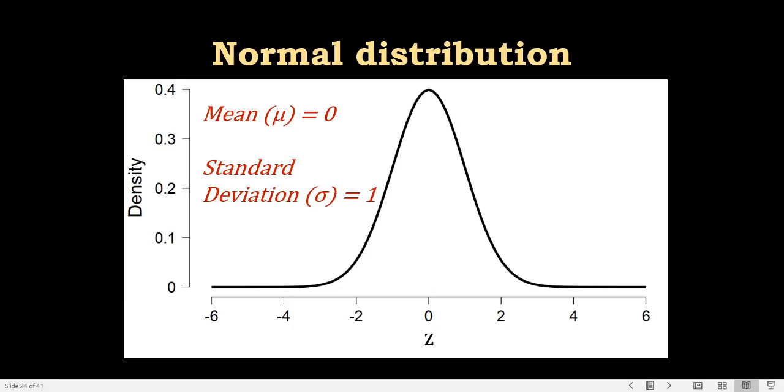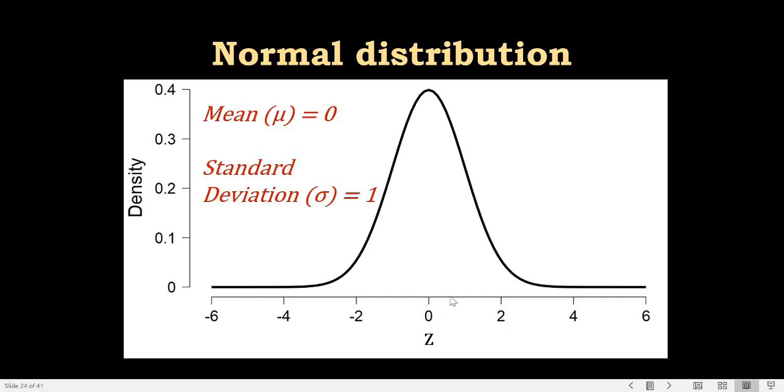So in a standard normal distribution, the mean of the distribution is always 0 and the standard deviation is always 1. We denote the mean of the distribution with the Greek letter mu and the standard deviation with the Greek letter sigma.